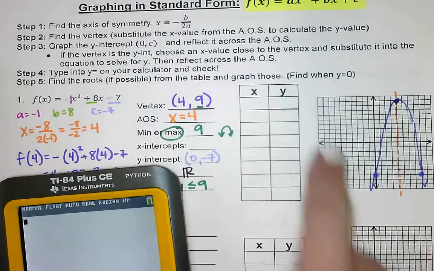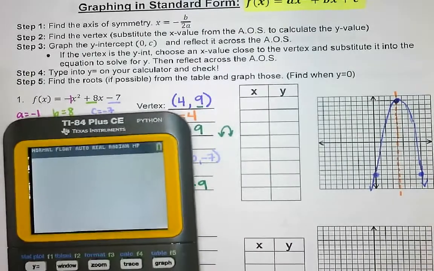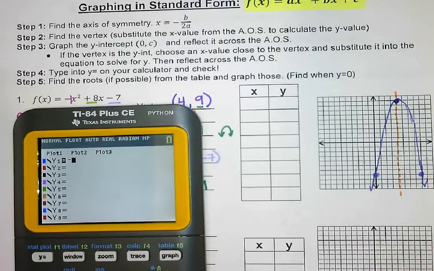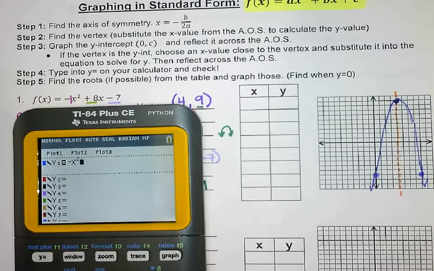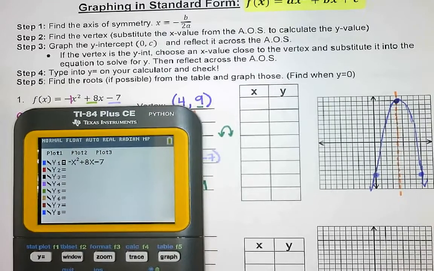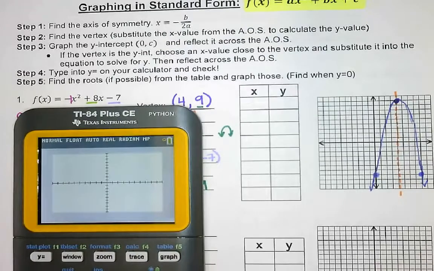But to fill in the rest of your points here, I'd go to my y equals, and I would type in negative x squared plus 8x minus 7. And then, first of all, I'm going to go to graph to see what it looks like.